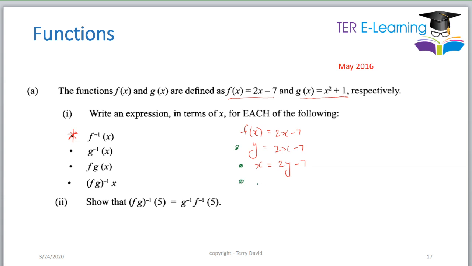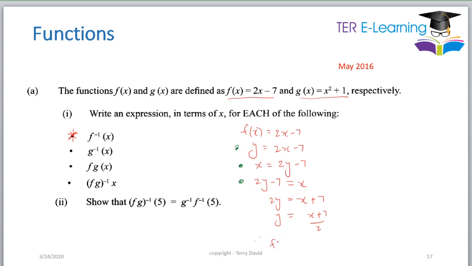So what we will do, we can say 2y minus 7 is equal to x. Therefore 2y is equal to x plus 7. Therefore y is equal to (x plus 7) over 2.